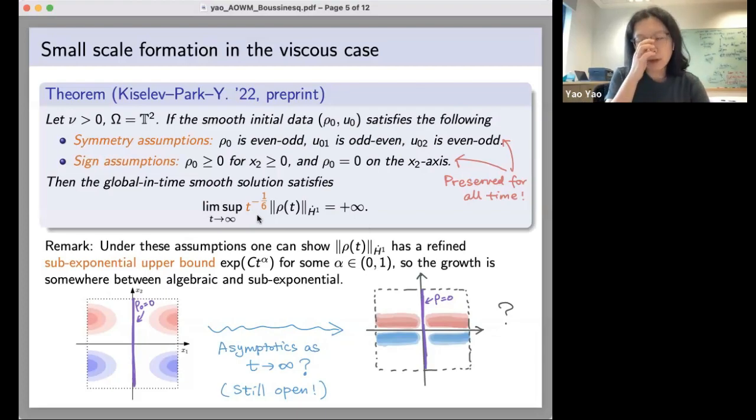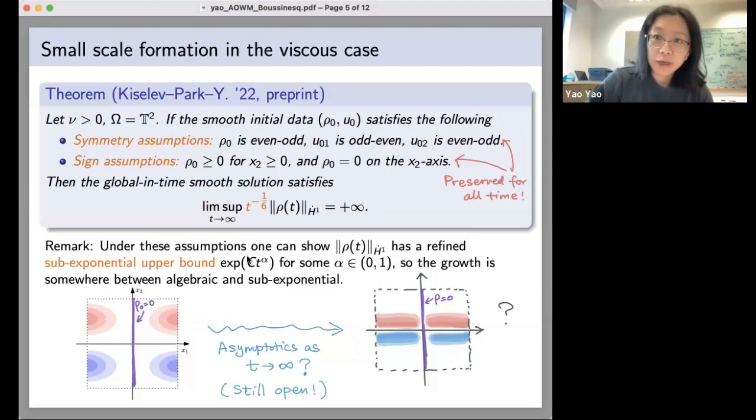One might wonder how far away it is from the sharp rate. Previously, the upper bounds that I showed you were all exponentially growing, but this is a polynomial rate, actually a sub-linear power. So even though we don't know whether the rate is sharp, in terms of the power we guess it's probably non-sharp, but it's the best that we can make.